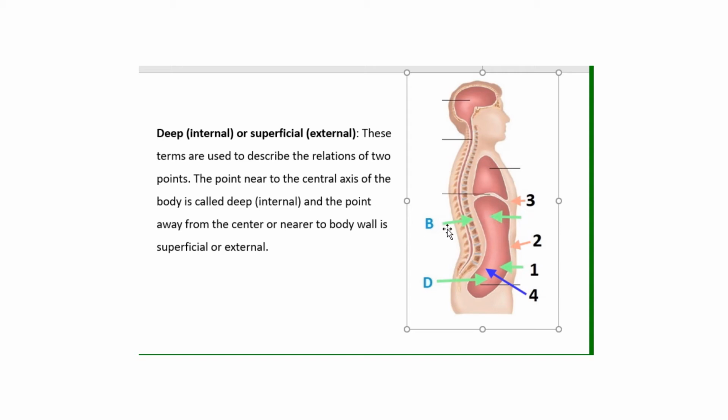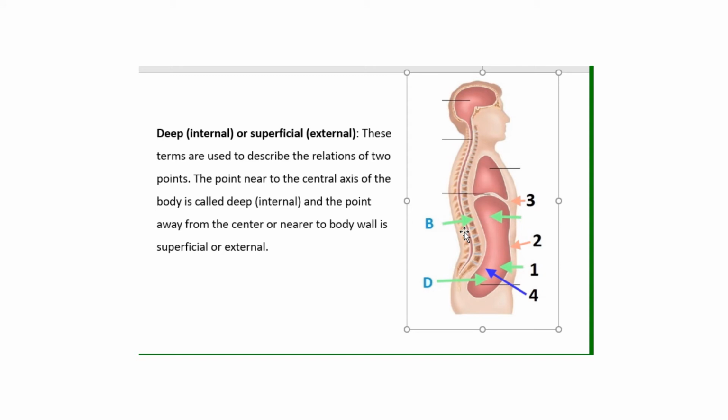A point on the skin here, on the posterior body wall, is superficial to a point here on the vertebral column, so deep or internal and superficial or external describes the relation of 2 points to each other.